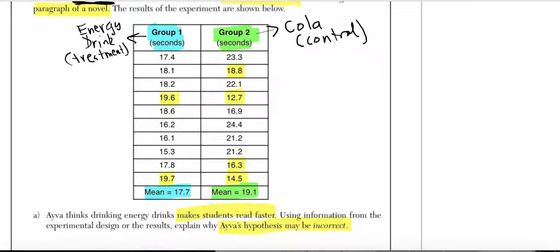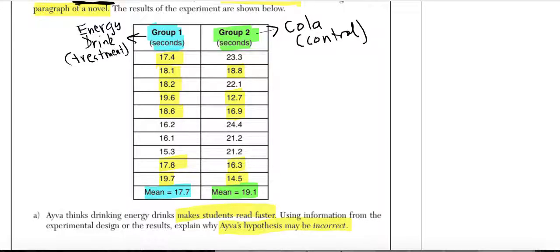So we got 1, 2, 3, 4. Then we got 16.9, which is faster than almost all the students in group 1 besides maybe like a handful, right? So there are 1, 2, 3, 4, 5 students in group 2 who read faster than students in group 1. At least that read faster than some of them, and 2 that read faster than all of them, right?